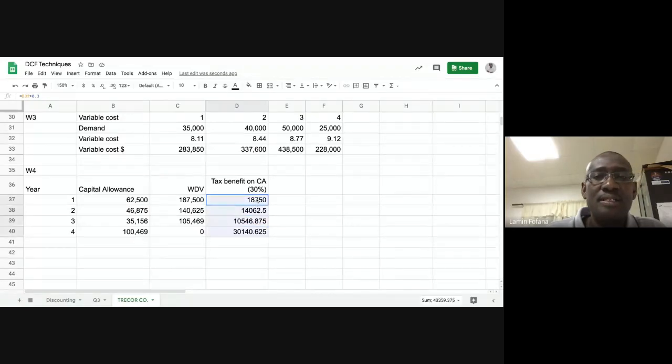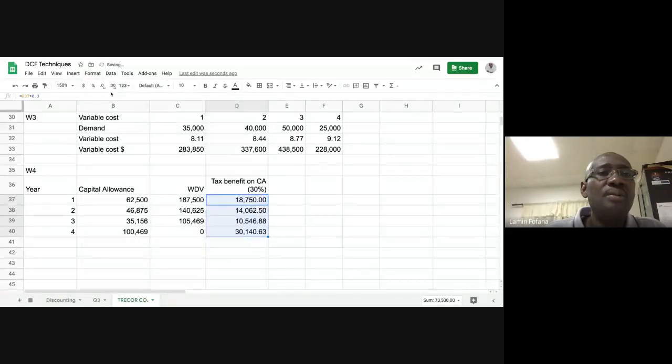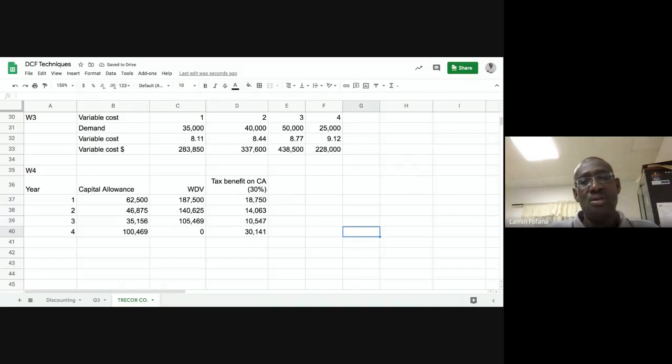Okay, so let's take it to our 0DP format. We do our number formatting. So we have 18,750, 14,063, 10,547, and 30,141.